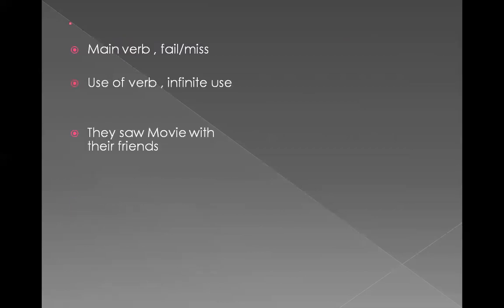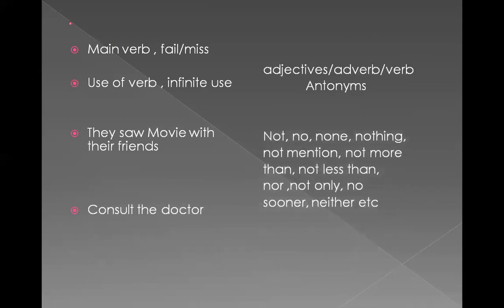Now we are going to move towards another rule. Now, as I told you, in a sentence, you have to find an adjective, adverb, and verb and change it into its opposite. Now, suppose in a sentence, there is no adjective, no adverb, but verb is there, but there's no opposite of that word.